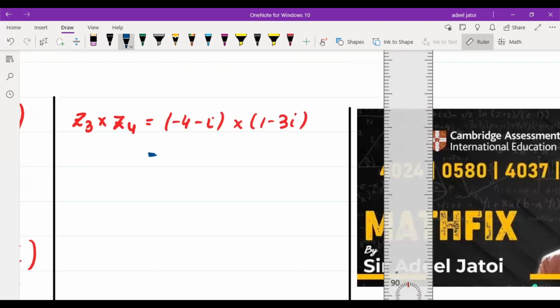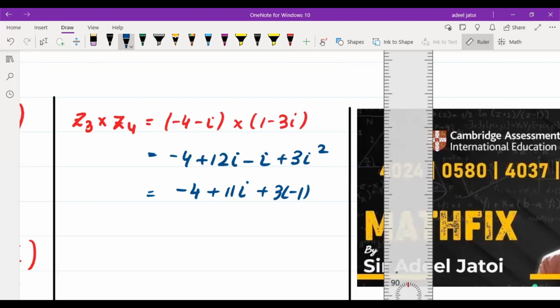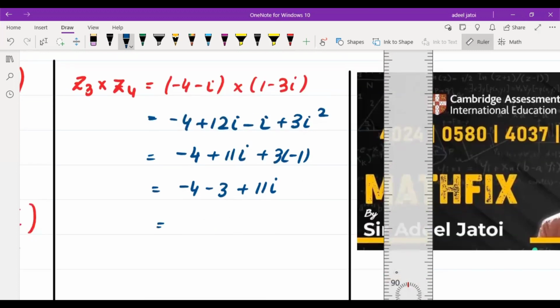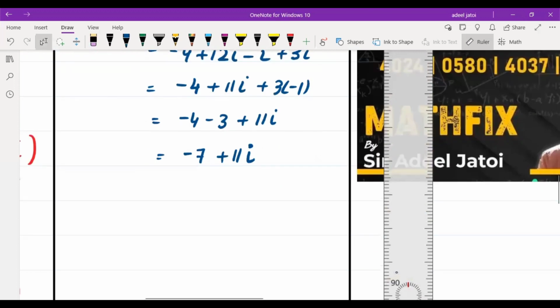If we solve this down, this should be minus 4 plus 12 iota minus iota plus 3 iota square. So minus 4, we will have plus 11 iota plus 3 iota square, which is minus 3. Minus 4 minus 3 plus 11 iota, which will be minus 7 plus 11 iota.